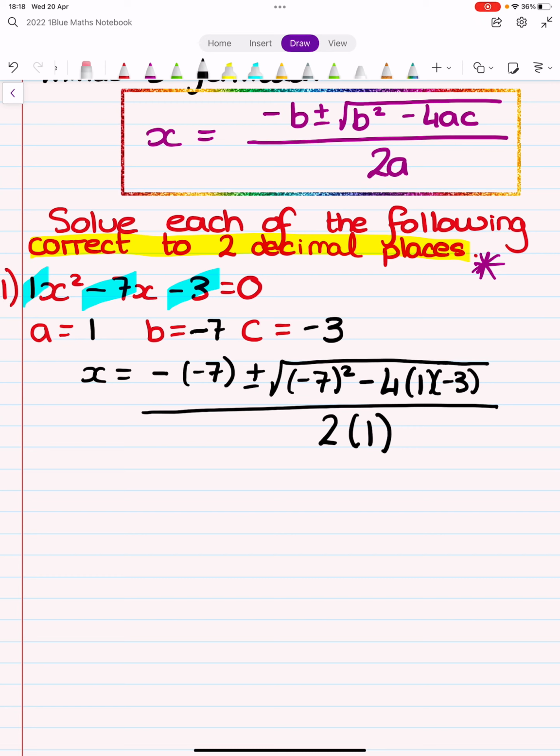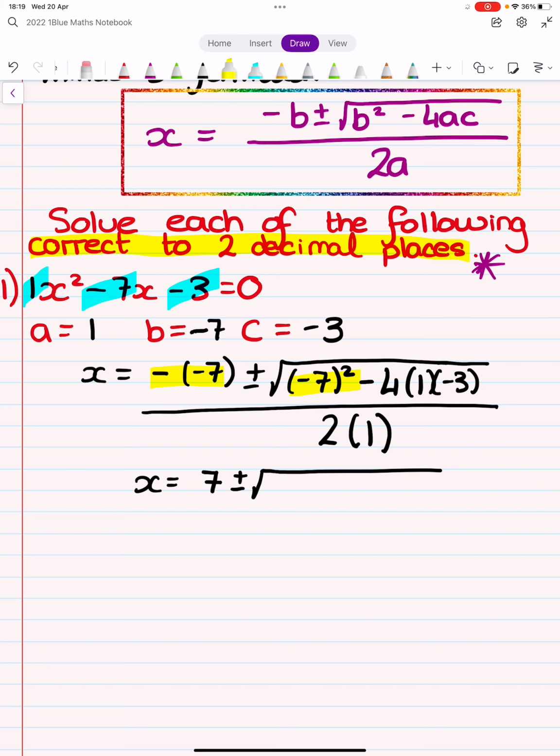Now what's left is for us to start tidying this up. So if we look here, we have minus by a minus. And we all know minus by a minus is going to give us a plus. So that turns into x equals plus 7 or just 7, plus or minus the square root of, now if we look at this, minus 7 squared.